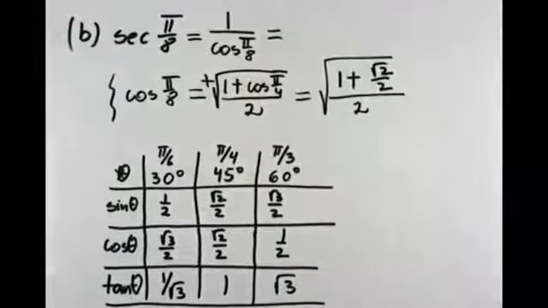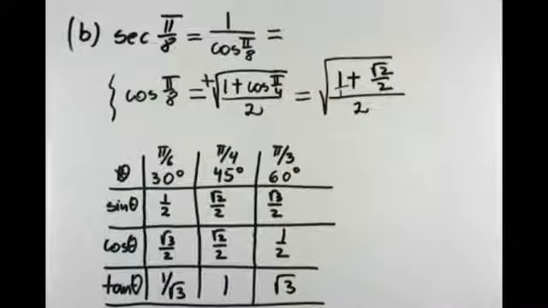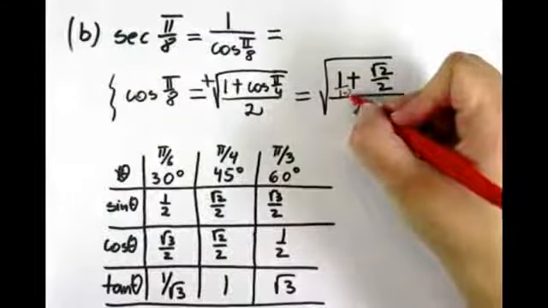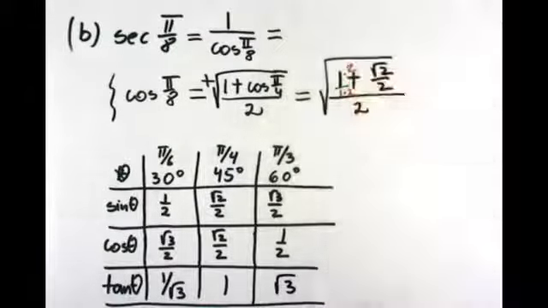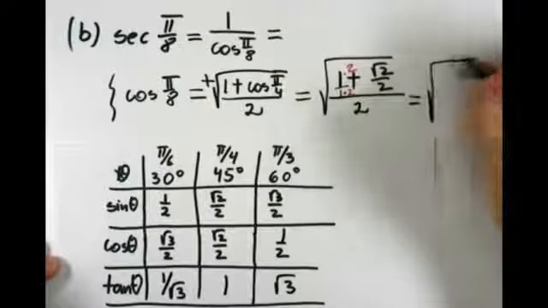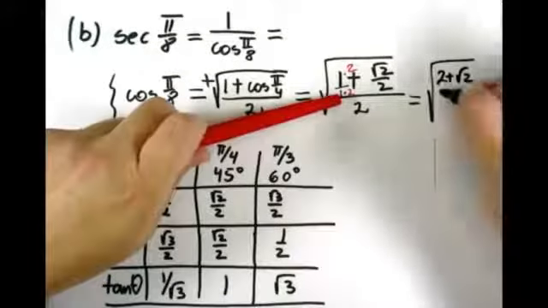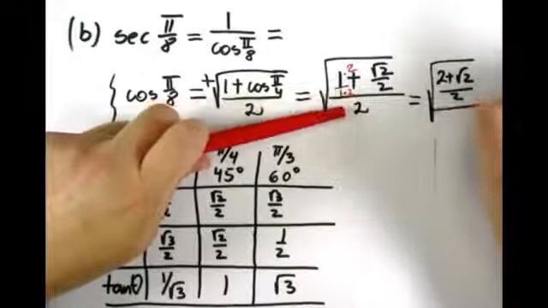And as before, we do need to find a common denominator. The 1 is like over 1. Common denominator is 2. So on the top I will have 2 plus root 2, then I have over this 2 and over this 2.